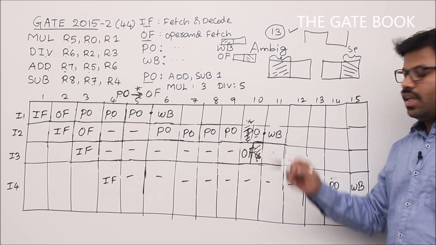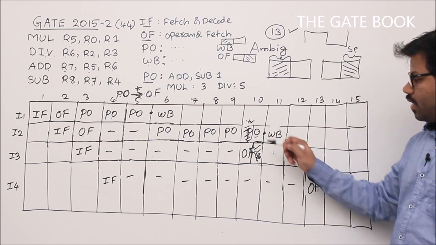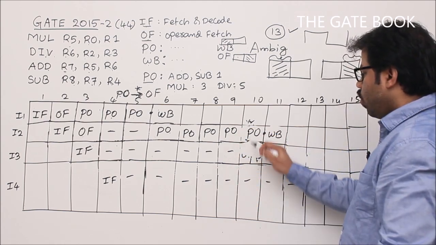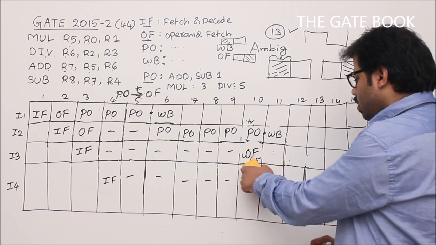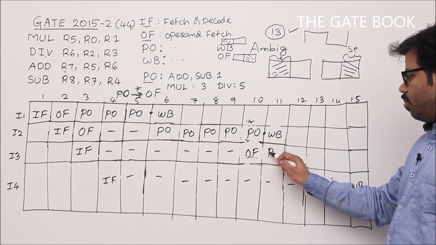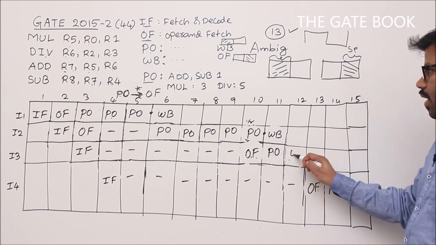Only then will there not be any clash and you get the right answer. Let us do that. So finally PO and OF are getting done in the same clock cycle. If that is the case, we will be doing perform operation here, then write back here.